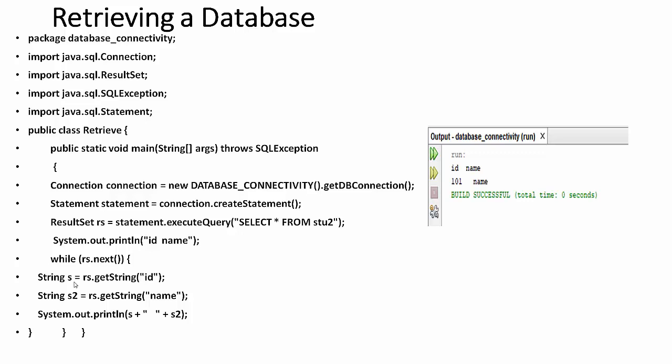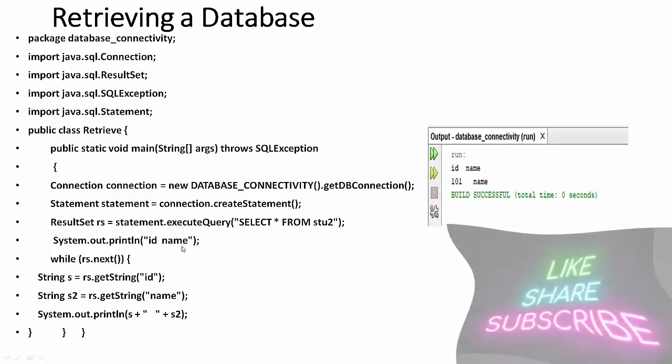But Java doesn't know which data type you have already given, whether it is an integer, a string, a character or something else. For that we have specified a string s and s2. Here we are going to store into the string: s equals rs dot getString id, string s2 equals rs dot getString name.